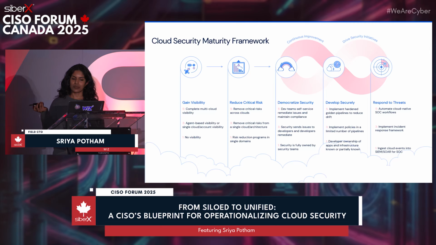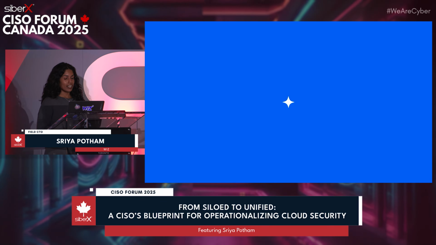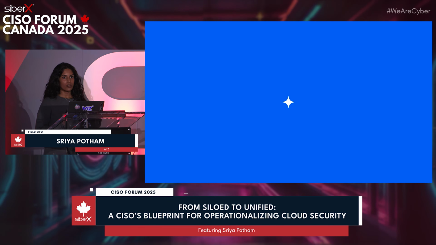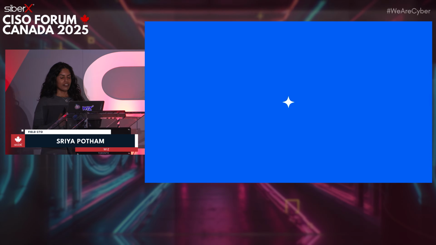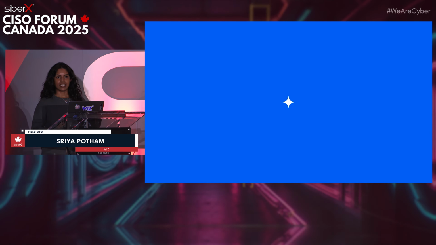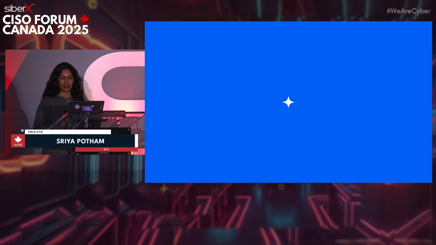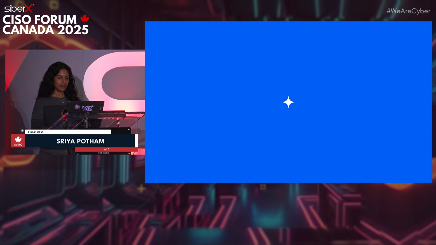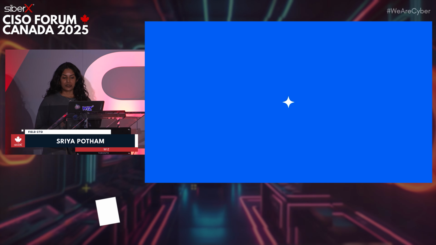It all starts with gaining visibility. You start with limited or fragmented visibility, but the goal is, with your tool, to achieve complete multi-cloud visibility across all accounts, resources, and at every stage of your life cycle, from your pre-deployment to runtime. Once you have visibility, your goal is to reduce risk.